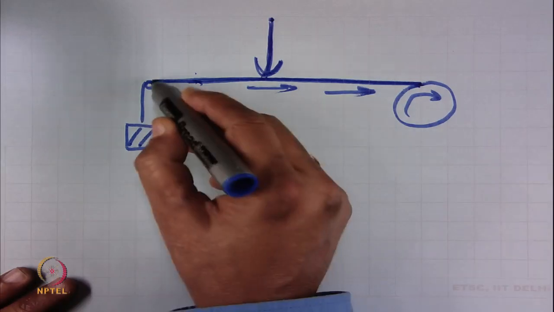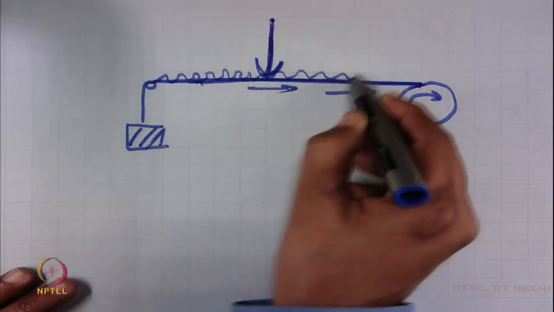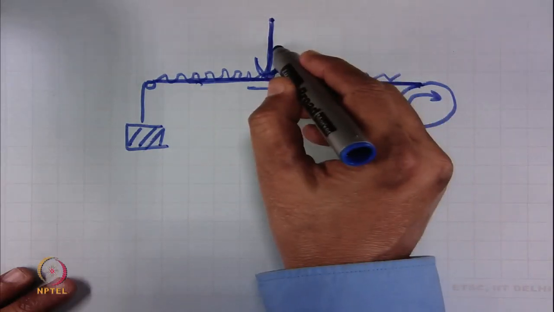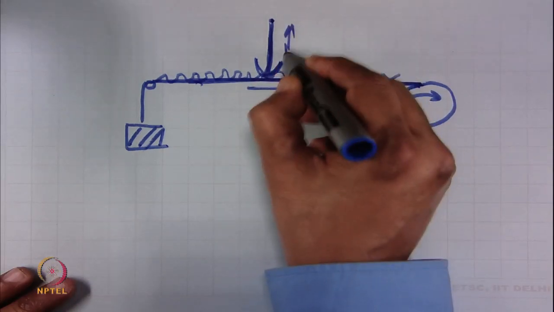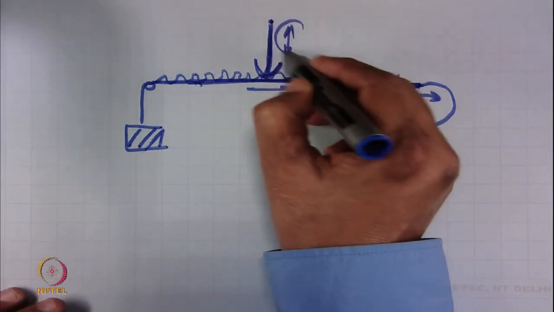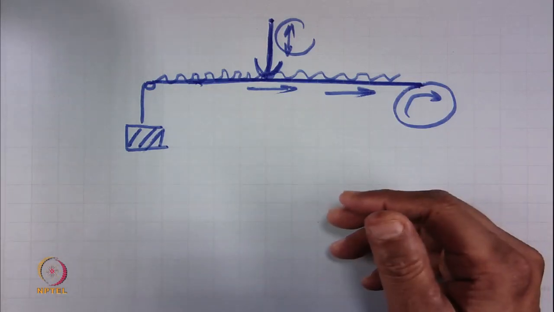But if the fabric is rough, then depending on the roughness, the displacement sensor will make an up and down movement. This movement is recorded and shows the surface roughness characteristics.